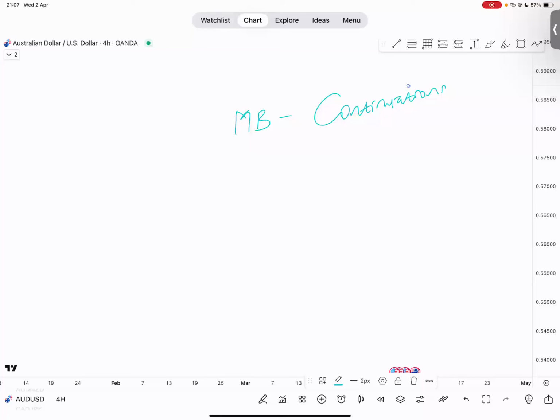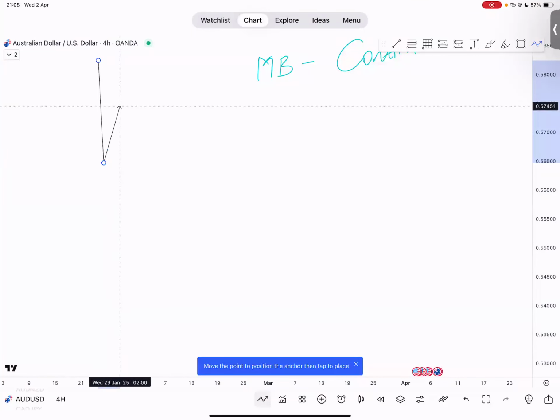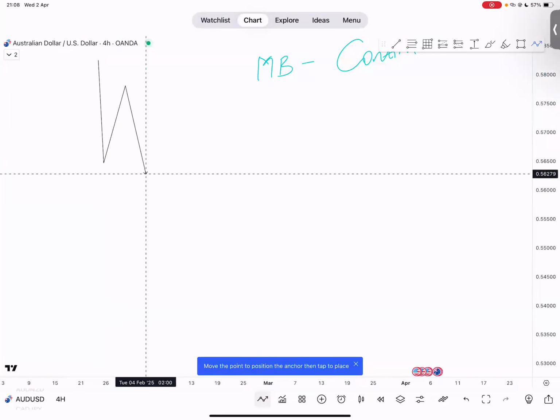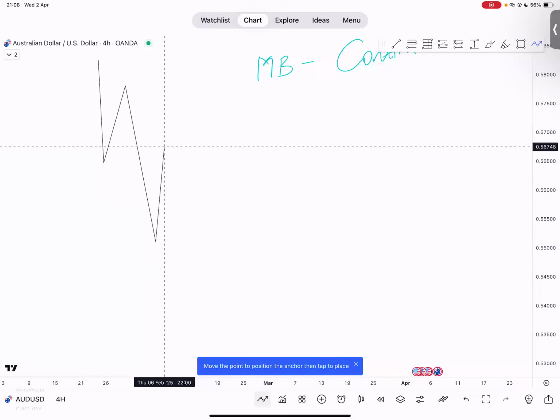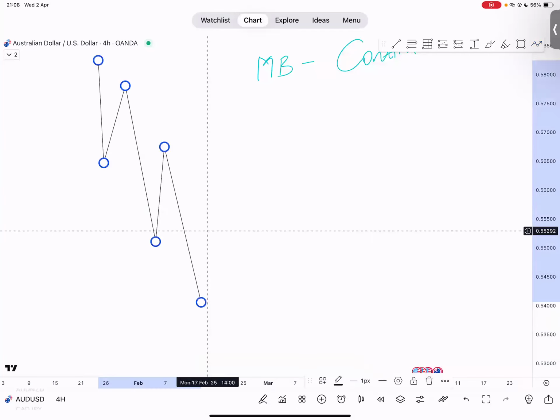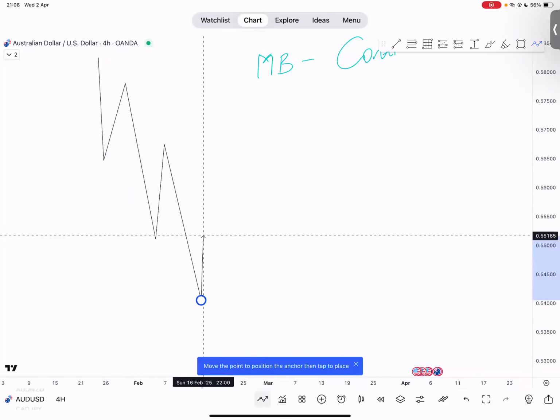Now, with the knowledge of market structure, when we have price putting in a series of lower highs and lower lows in a downtrend, right?